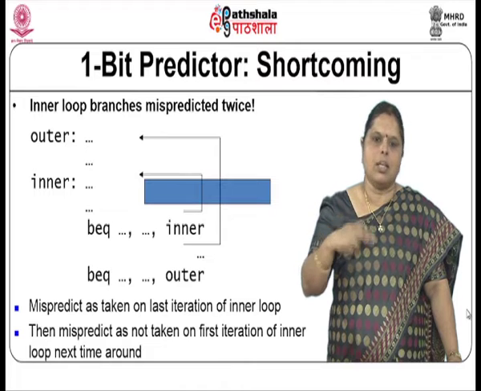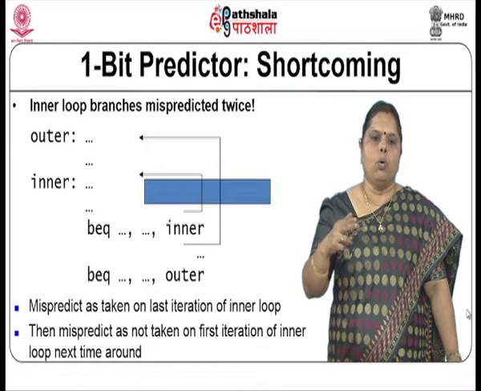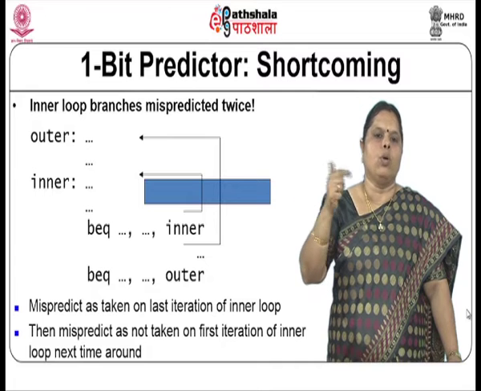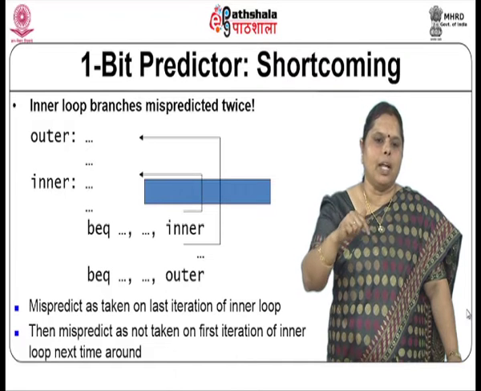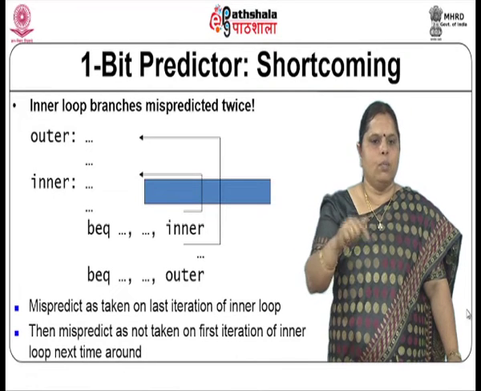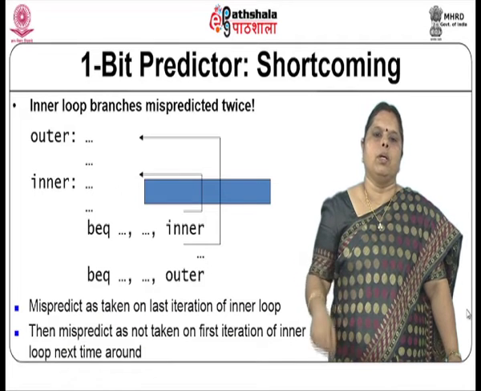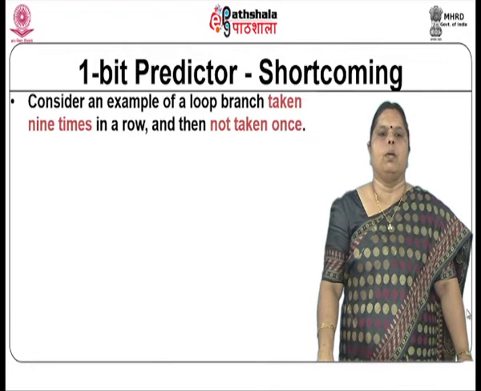The last iteration of the inner loop also, it will assume that the branch is going to be taken, whereas the branch is not going to be taken, it is going to go to the outer loop. So, that is going to be a misprediction. Now, again from the outer loop, when you are going to move to the inner loop, it still predicts that the branch is not going to be taken, because you would have changed the bit, but it will actually be taken. So, that is the shortcoming associated with your 1-bit predictor.